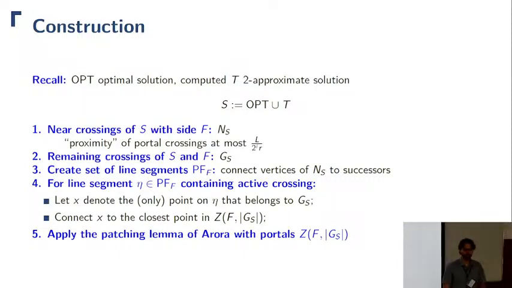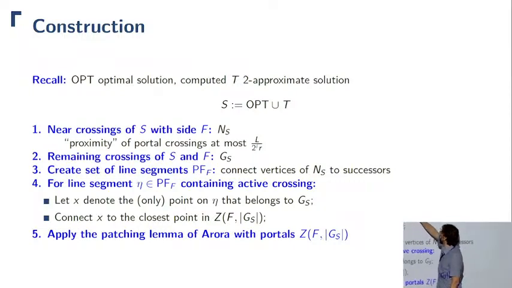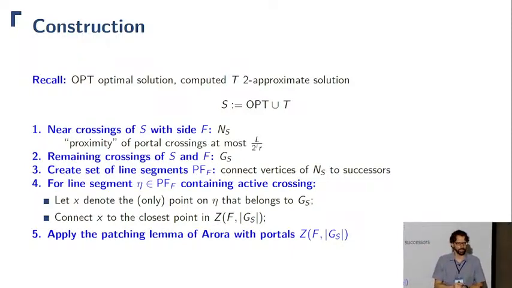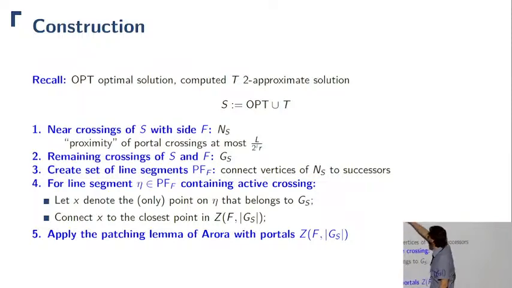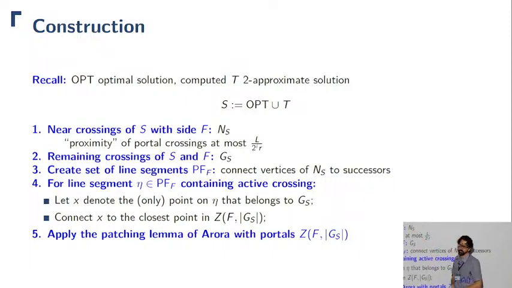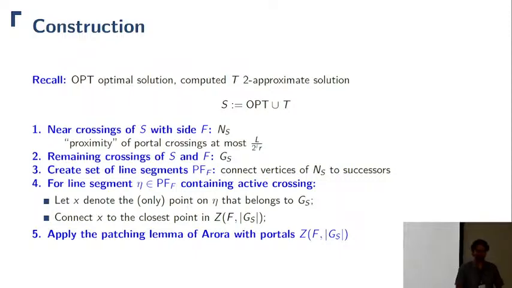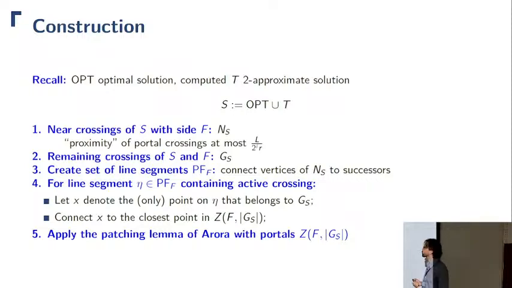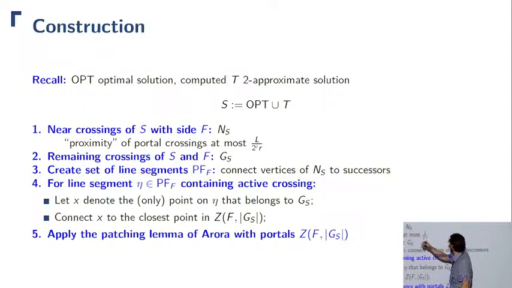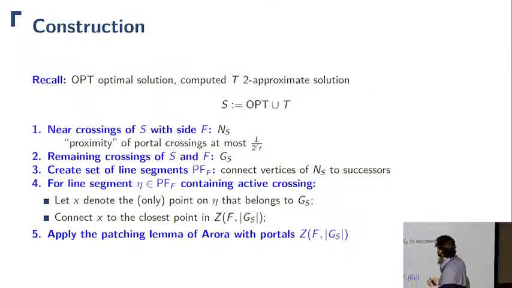Now S is the optimal solution together with T. That is, we take not only the optimal solution, like previous approaches would only take the optimal solution, but we have two tours together, opt and T. That's our graph S. And one of the ideas that we have is that in order to charge, it's not necessary to only charge with respect to opt, but we can also charge with respect to S. I think I come to that later. I don't want to go ahead too much now.